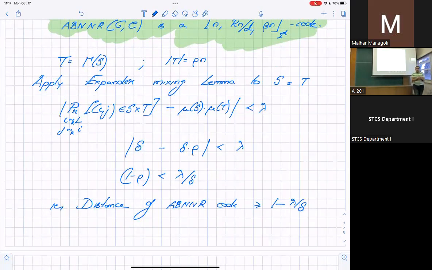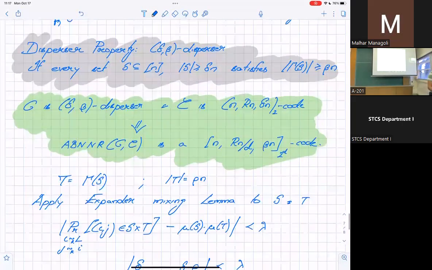I'm getting a new code, of course over a larger alphabet, where the distance has grown from delta all the way to 1 minus epsilon. The distance is enormously increased. So it's a distance amplifier.